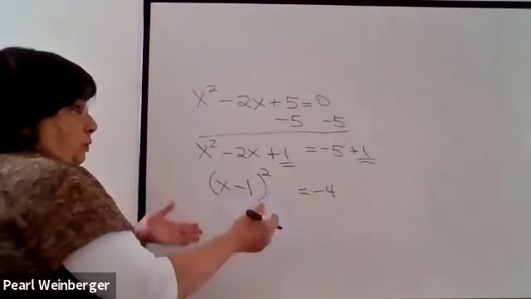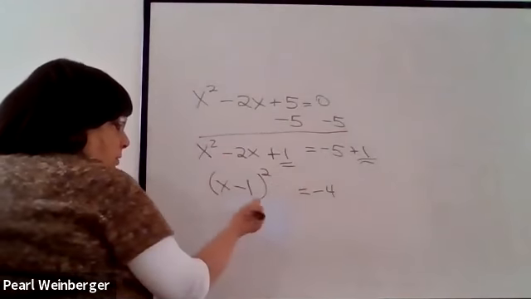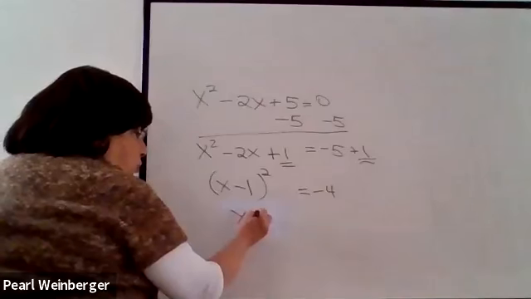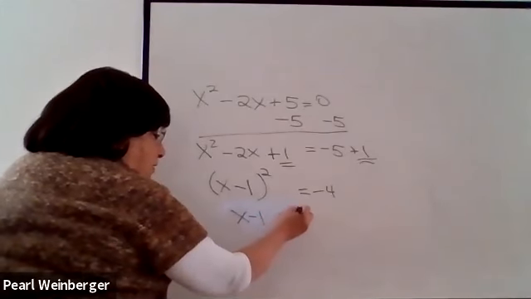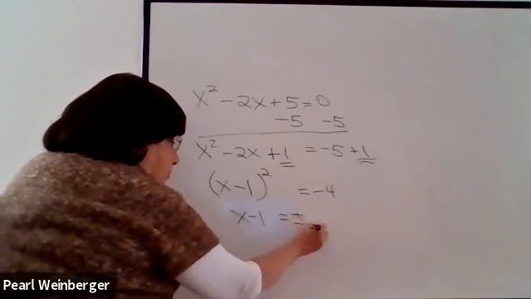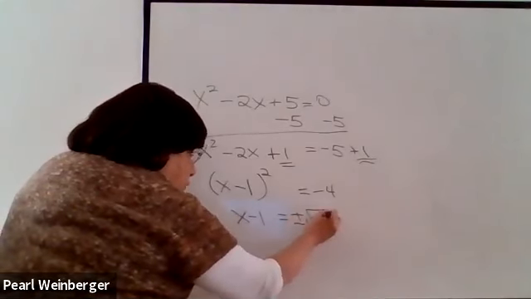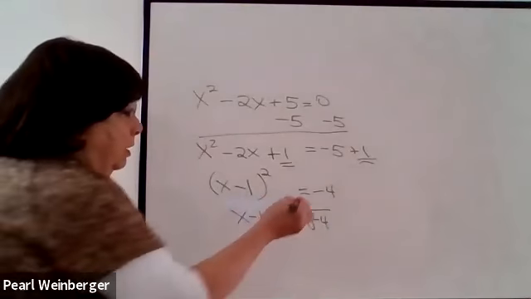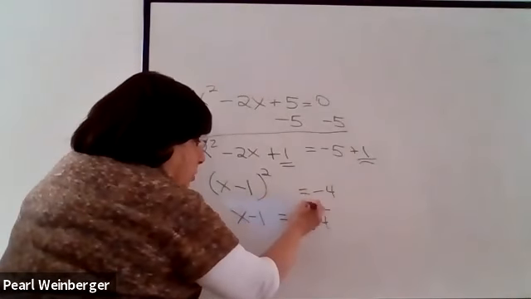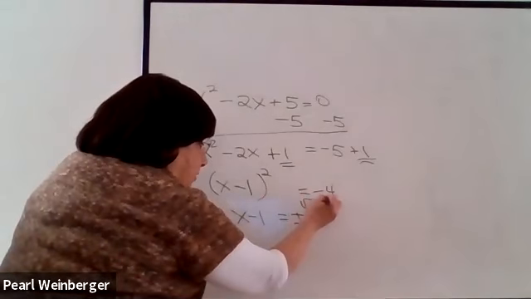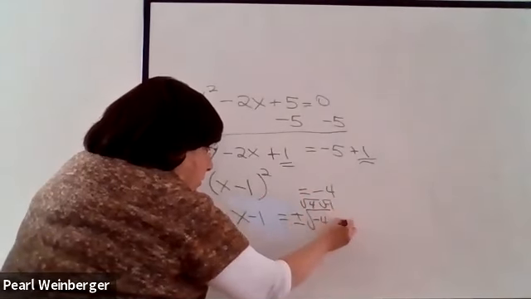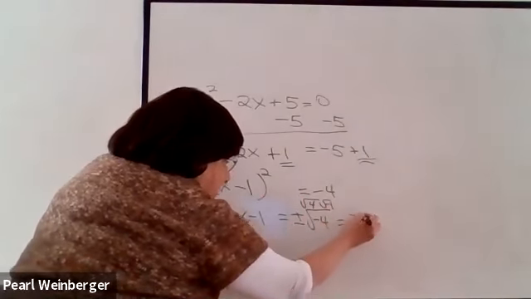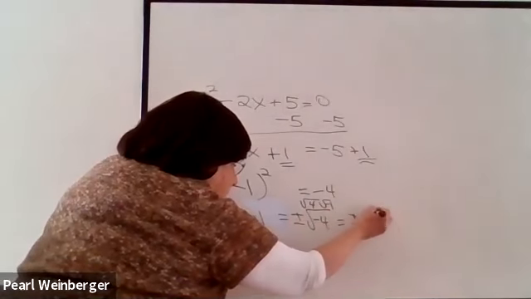And now I take the square root because I have a binomial squared. So I get x minus 1 on this side. And on this side, I get plus or minus the square root of negative 4. I simplify that square root of negative 4 by breaking it up into square root of 4 and negative 1, which is plus or minus 2i.